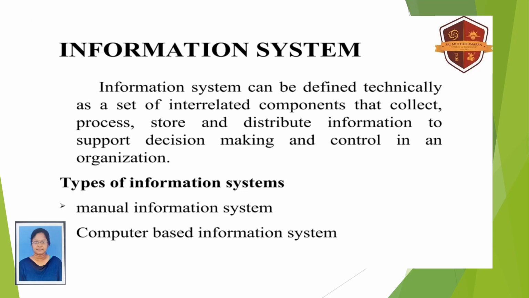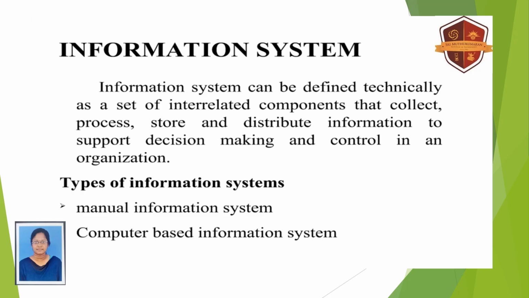The main components of information systems are hardware, meaning the physical devices like computers, servers, mobile devices, etc. Also software, meaning programs and applications that process the data and give information to us. Data means, as you already know, raw facts and figures collected and stored in our database. People means the individuals who use and manage these systems. And processes means the rules, procedures and workflow that govern how the system is used.